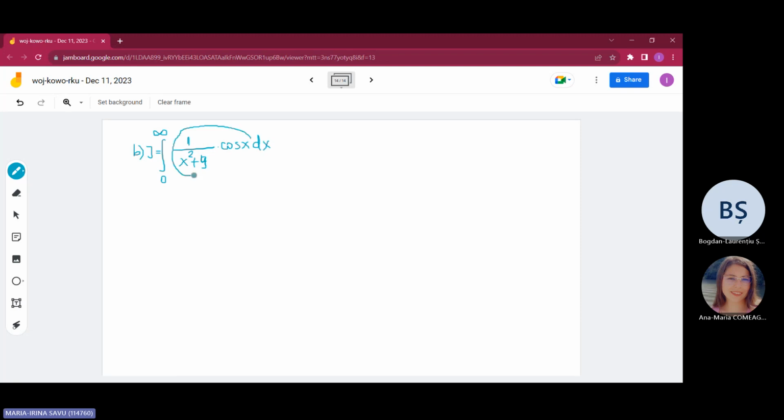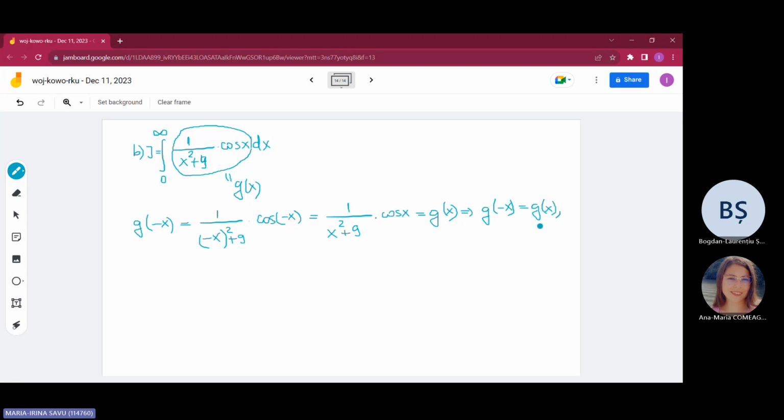you should denote this function by g of x, and you should check if g is even. g of minus x is 1 over minus x squared plus 9 times cosine of minus x, which is 1 over x squared plus 9 times cosine of x, because cosine is an even function, which is g of x. So g of minus x is g of x for each x.